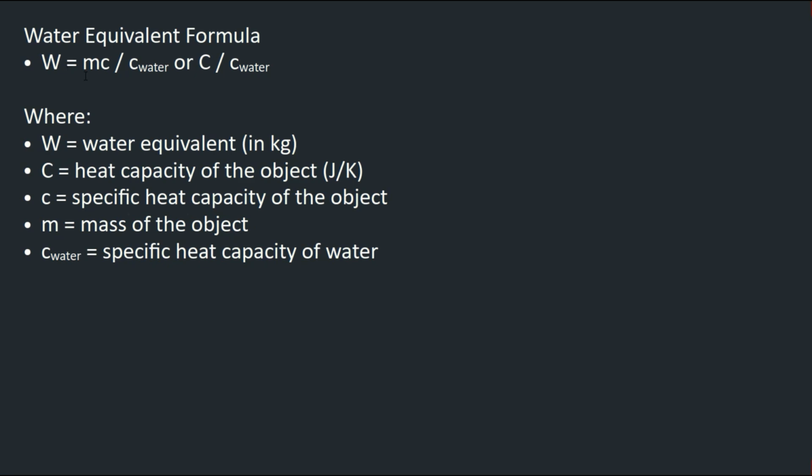In terms of formula, it's apparently represented with capital W. Again, I have no clue why we are going with this without any subscript. Maybe I took it from some book. So we have W = mc/c_w. Here m is the mass of the object, c is the specific heat capacity, and c_w is the specific heat capacity of water. And capital C is the heat capacity of the object.